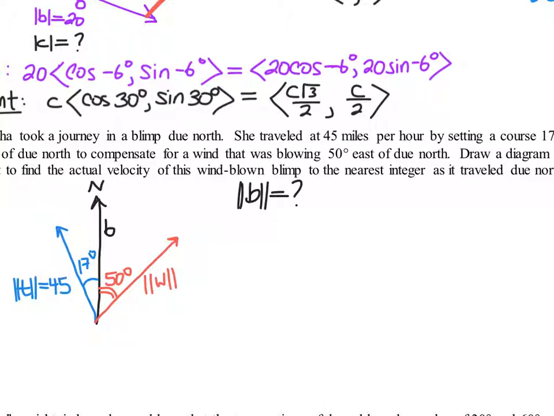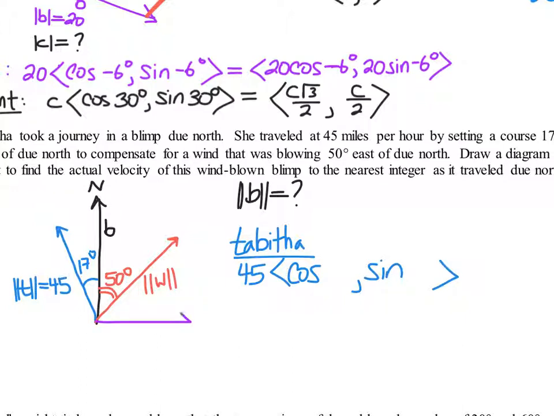All right, so we need to establish what's going on here. So we have Tabitha. I don't know her, so she doesn't get a capital. AKA, I forgot to draw it as a capital. So her magnitude is 45, so we're looking at 45 times the cosine of her angle and the sine of her angle, which is not 17 degrees, although it might seem that way.